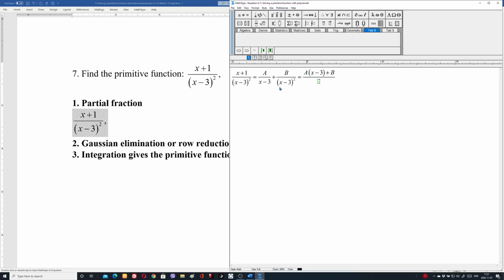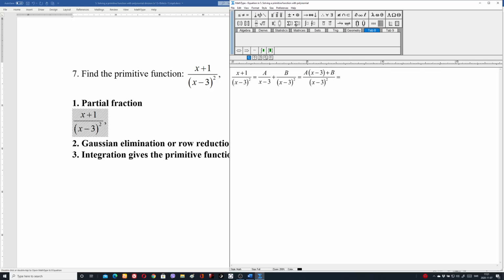And the lowest common denominator for these two is this one here, and we write just x minus 3 and power 2.